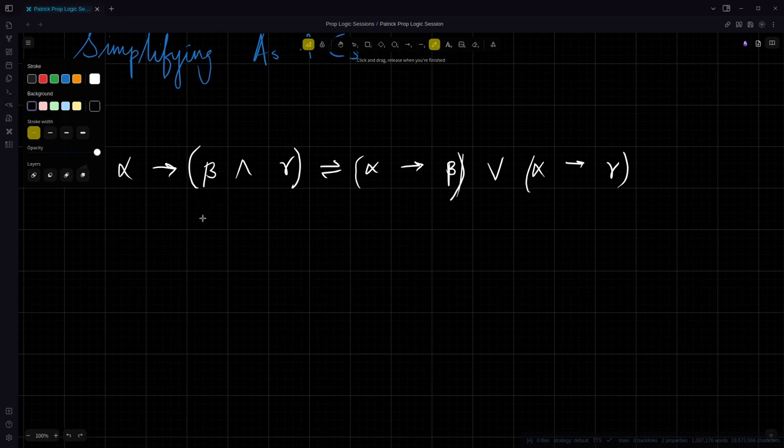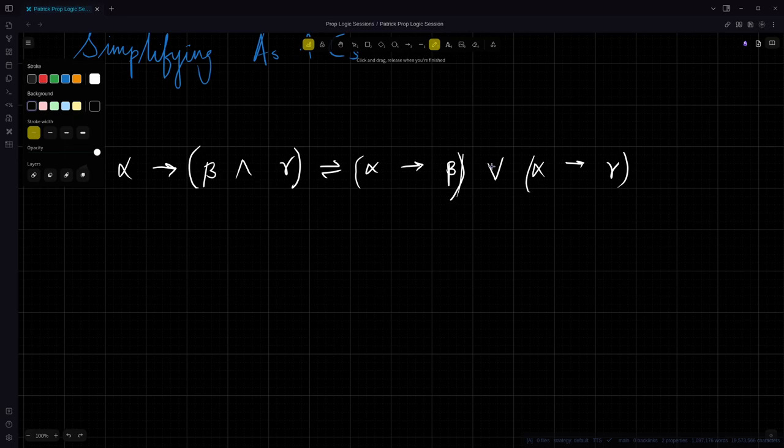If you were to apply the rules over here, you would get this. If you were to apply rules over here, but with a different focus, you would get this. So this is the same as either this or this, but it's not the same thing as the whole thing.